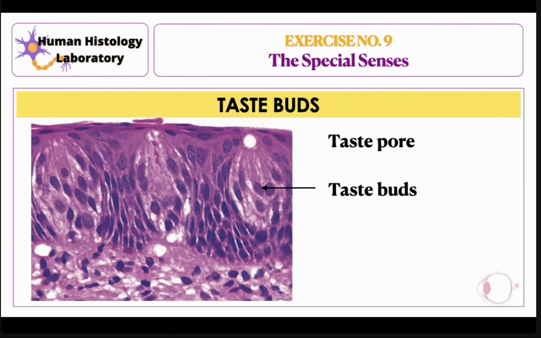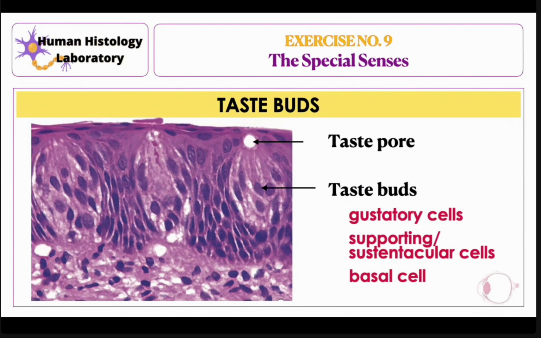Each taste bud contains about 50 long spindle-shaped cells which extend from the basement membrane to the taste pore. Classically, two types of cells are described in the taste bud: the light gustatory cells and the dark supporting or sustentacular cells.